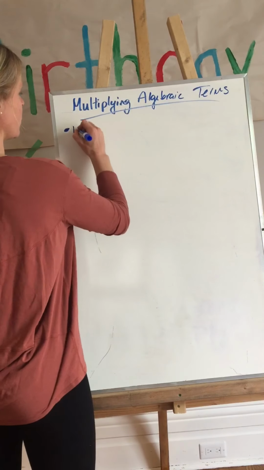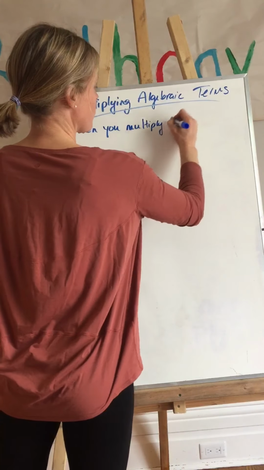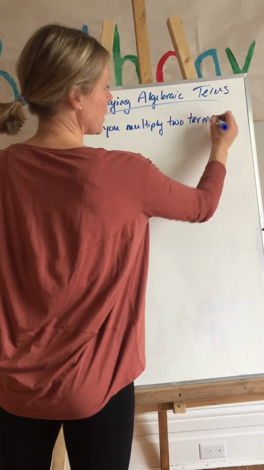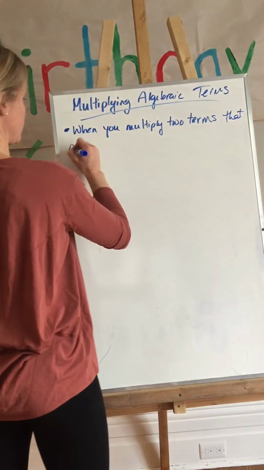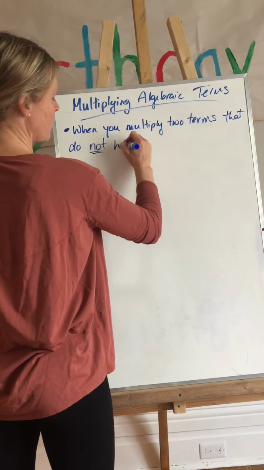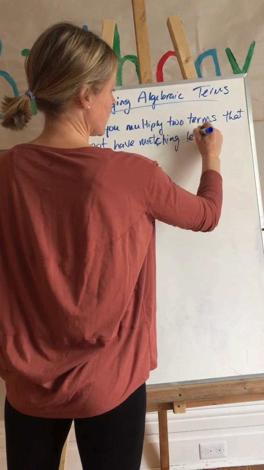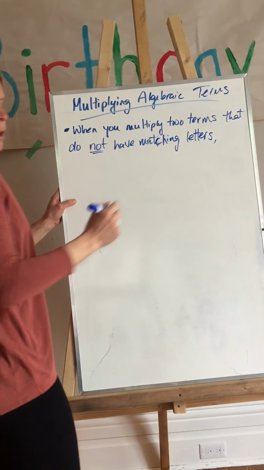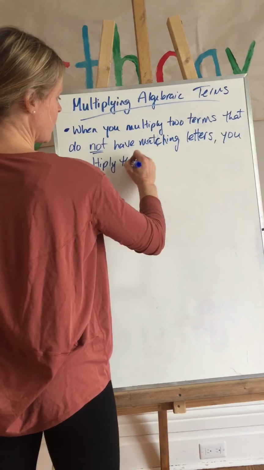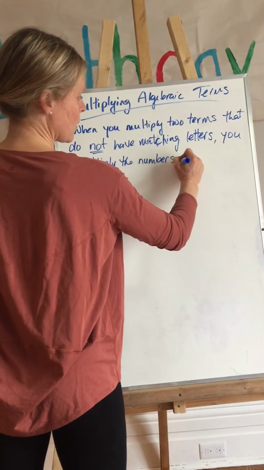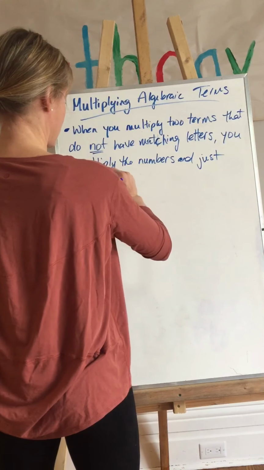When you multiply two terms, remember, terms have a variable and a number often, that do not have matching letters, what you're going to do is multiply the numbers and just combine the letters.